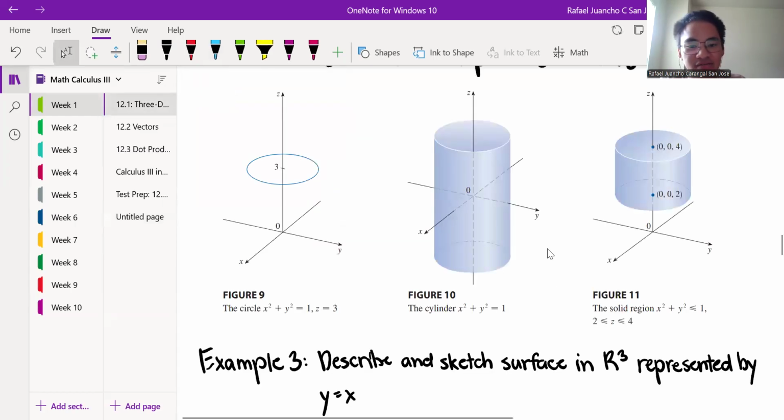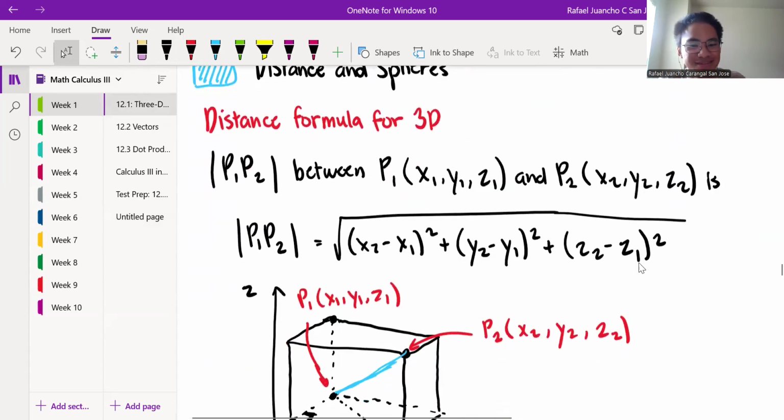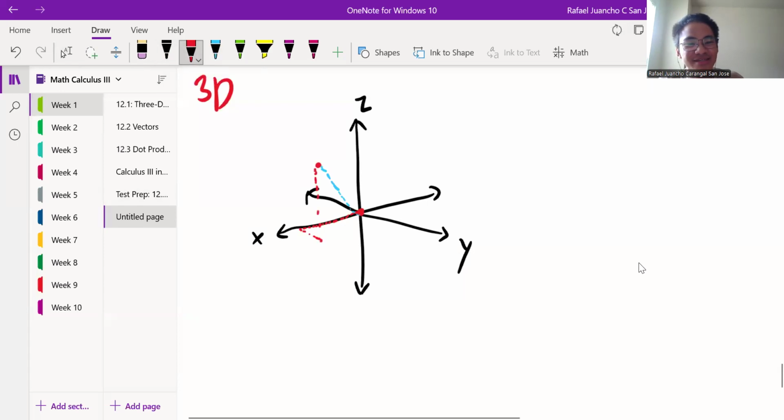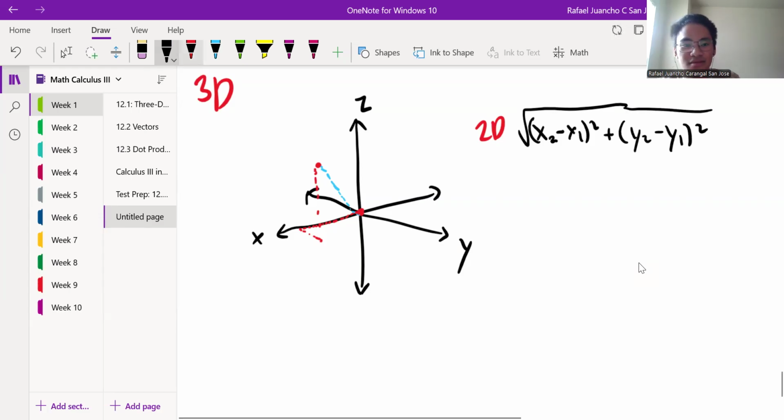Well, we actually already have a formula. We just add the z, basically. If our 2D was x2 minus x1 plus y2 minus y1, then for 3D we're just adding a z.